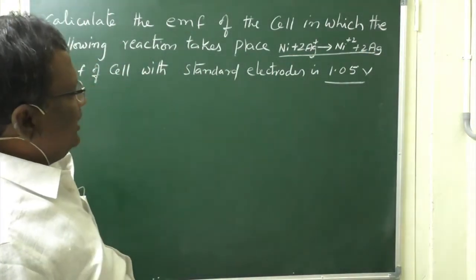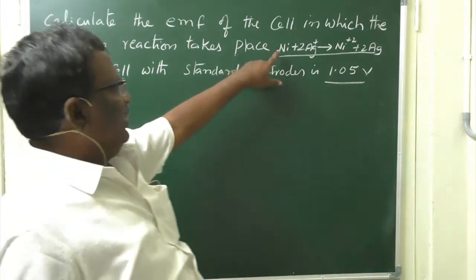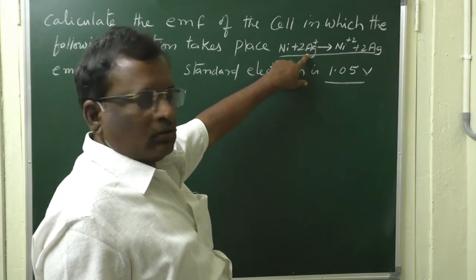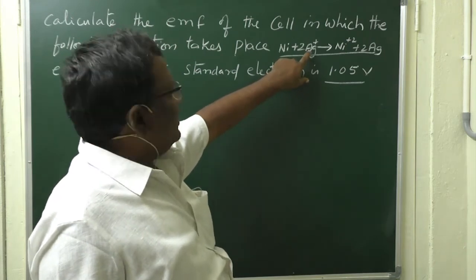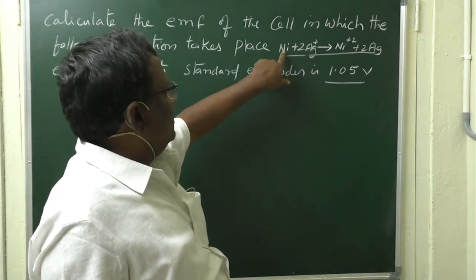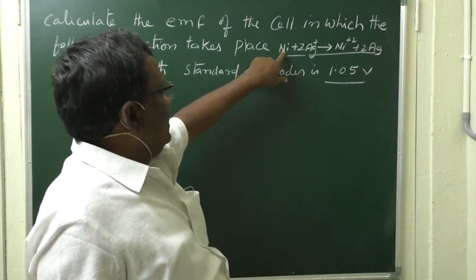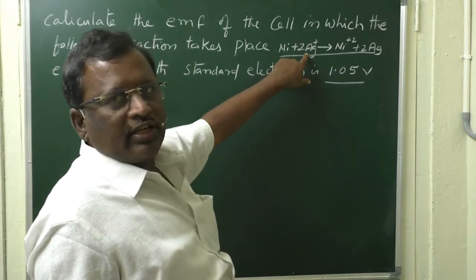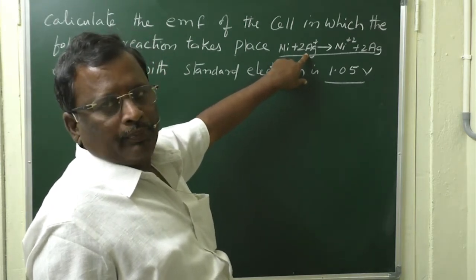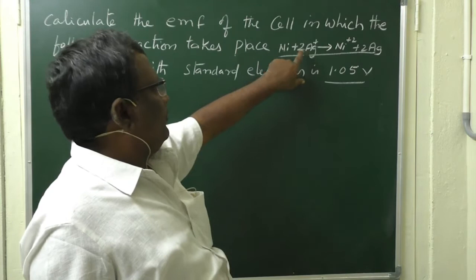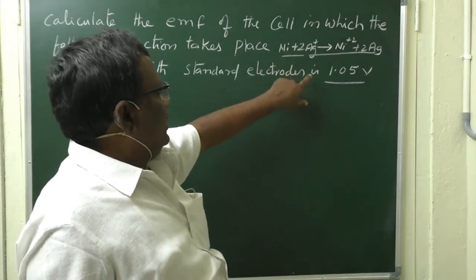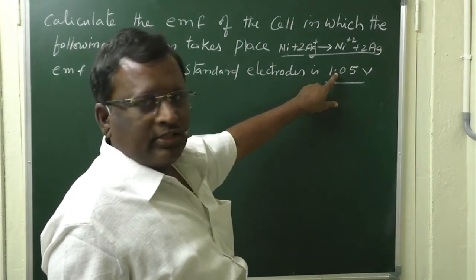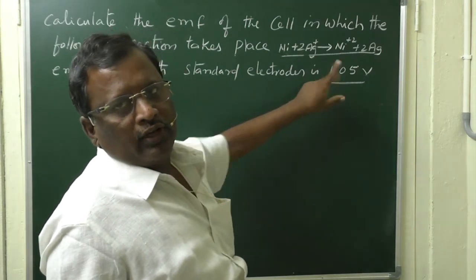According to that reaction, nickel will act as anode, silver will act as cathode. Because the atom which is oxidized is said to be anode, and the ion which is reduced is said to be cathode. So here the difference of these two standard electrode potentials is given by 1.05.